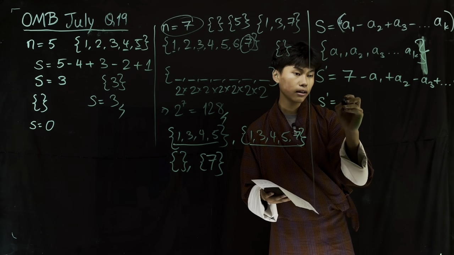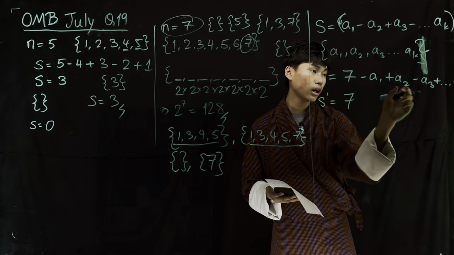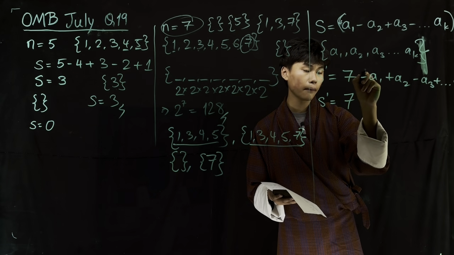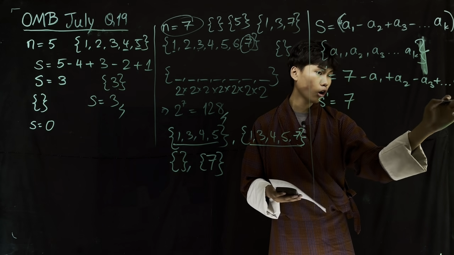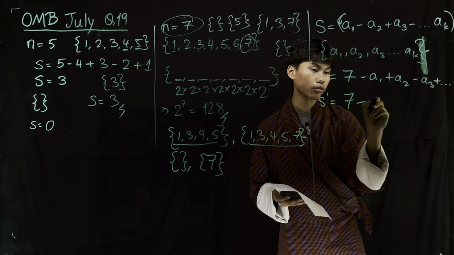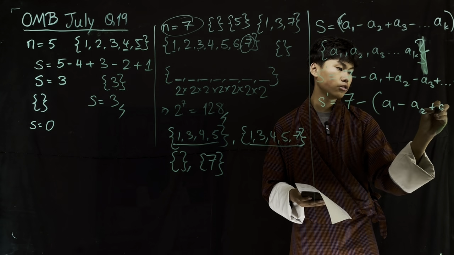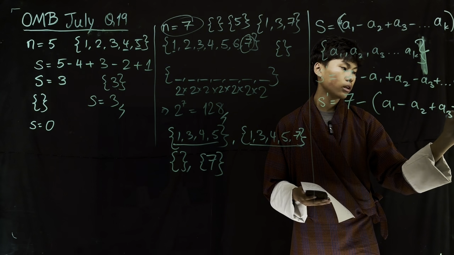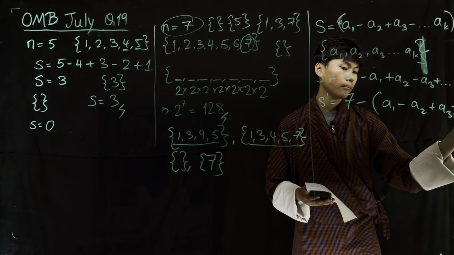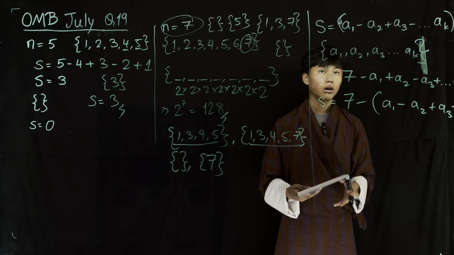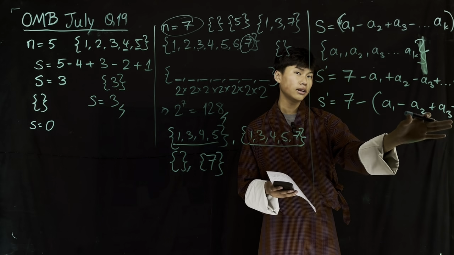So what can you do? You can take -1 out from this entire group, right? So all of these numbers, you can take -1 out of them, and you're left with A1 minus A2 plus A3 minus all the way up to Ak. Am I right? Now, what does this look like? Does this resemble anything?